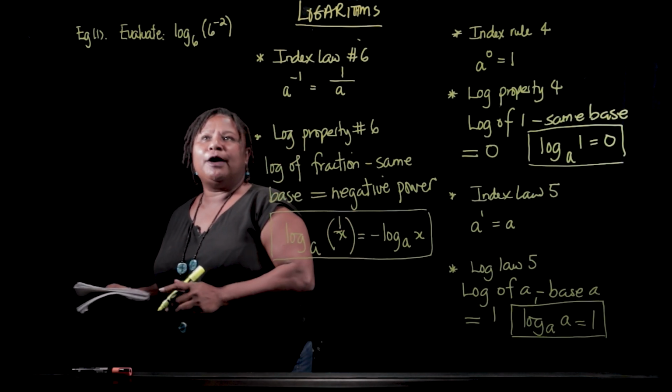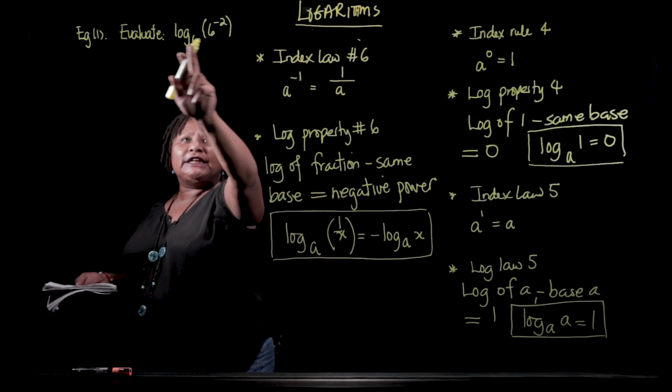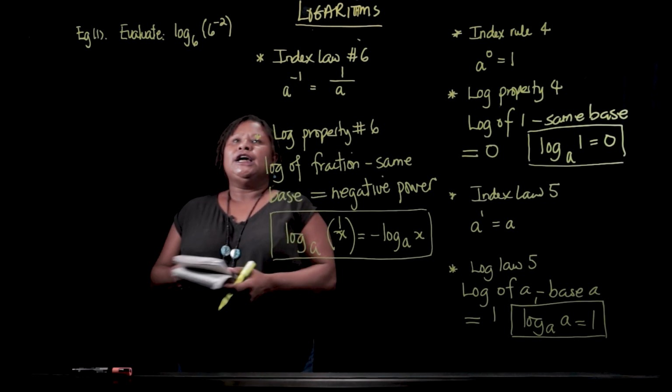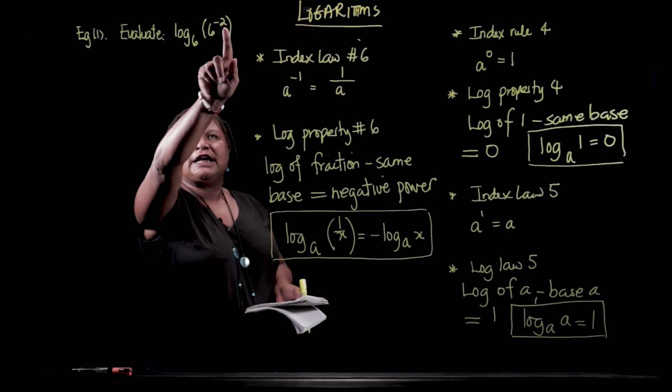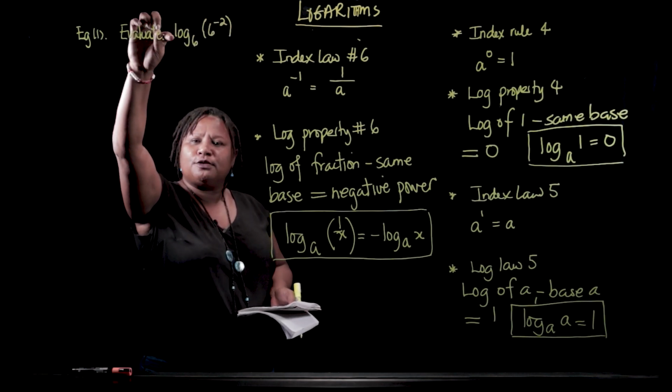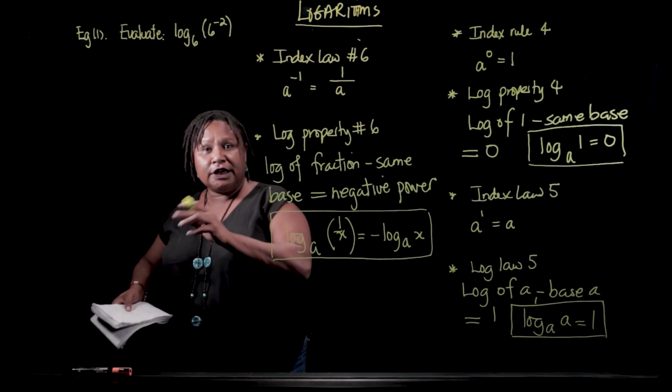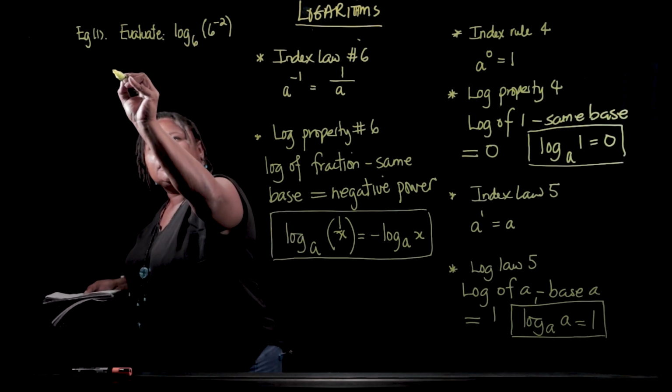Now, if you look at this, remember property number 3. If you have an index here, you can move this to the front of log, so it becomes the coefficient of log. So that's what we are going to do first.